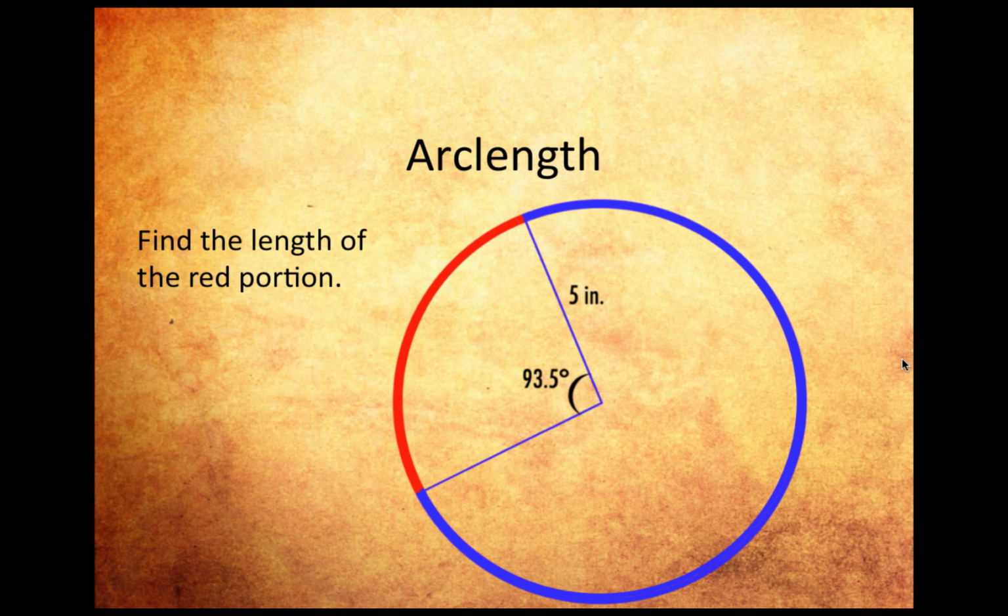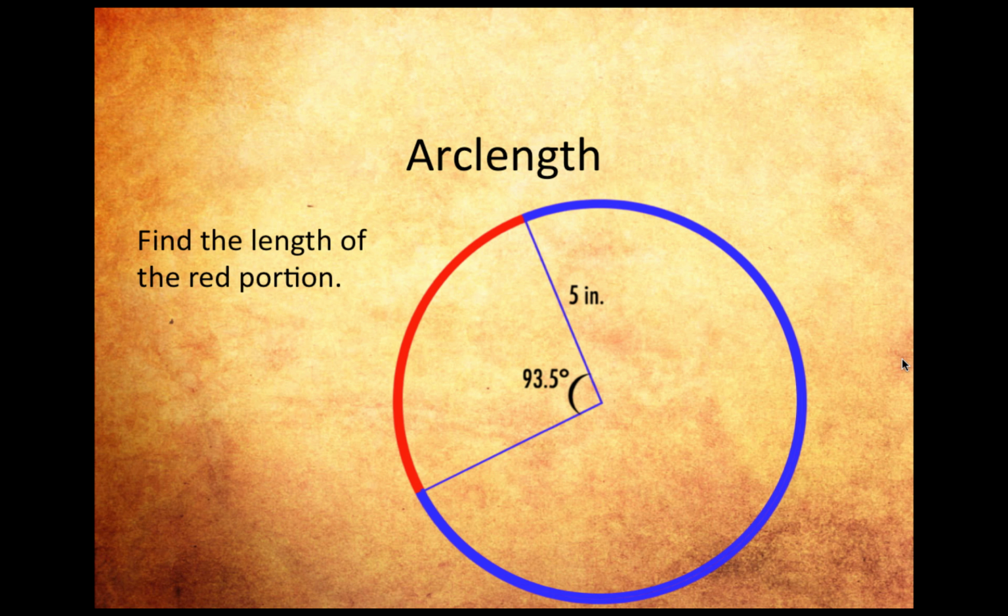Okay, so we have some who remember this and some who don't. And basically, it comes down to this. Question 1, what is the circumference of the whole circle? What's the circumference? Just the circumference. So what's the formula for circumference?